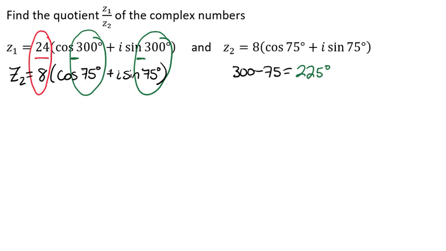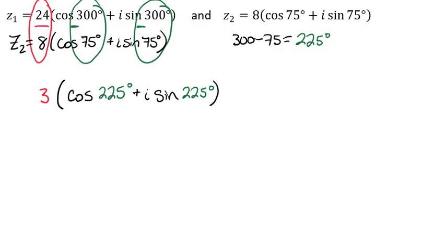So let's go ahead and subtract our theta. So 300 minus 75 is 225, and 24 divided by 8 is 3. So we can plug that in and get 3 times the cosine of 225 degrees plus I times the sine of 225 degrees. So this is possible to do as a radian or as a degree.